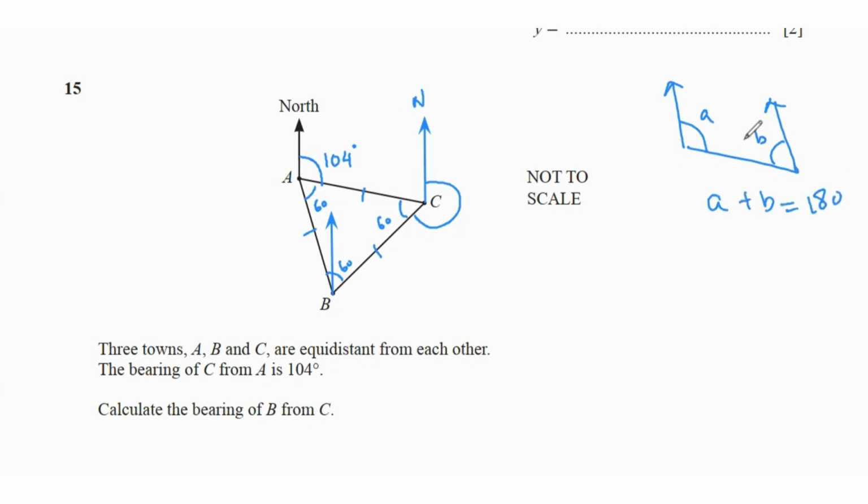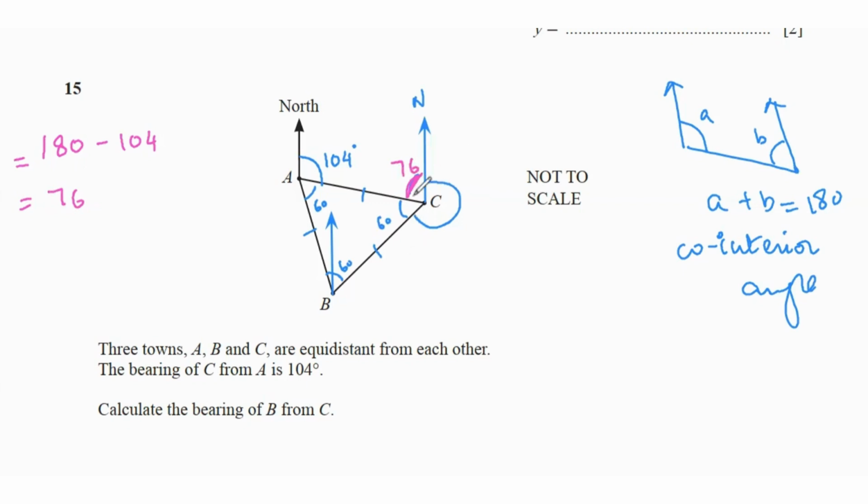And these are called co-interior angles. Co-interior angles add up to 180, which means whatever this angle is, we can easily find that by subtracting 104 from 180. So 180 minus 104, and that gives us 76. So this is 76.